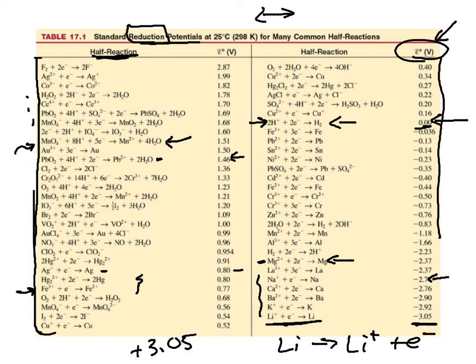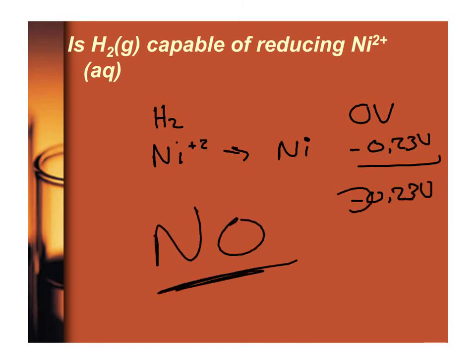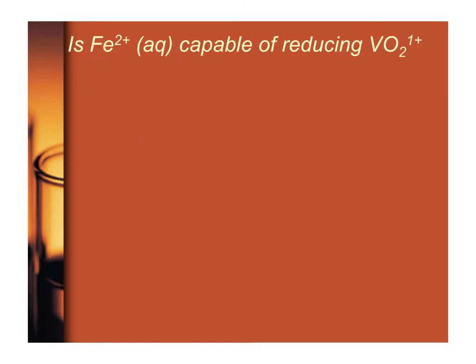So we find nickel, and I believe he's going to be up over here somewhere. Mine's getting all marked up here. It's negative 0.23 volts. Do you see that right there? The answer is negative 0.23 volts. And of course, the answer is no because this answer is negative.